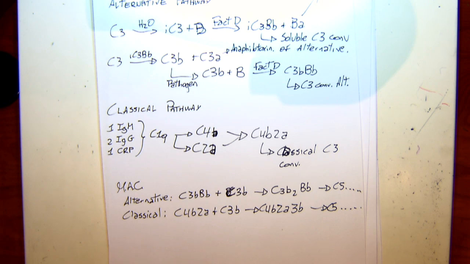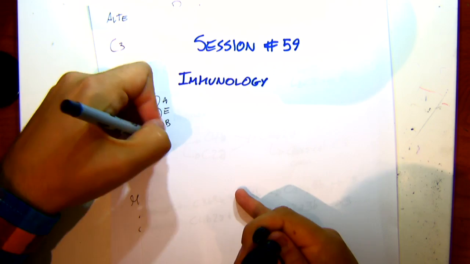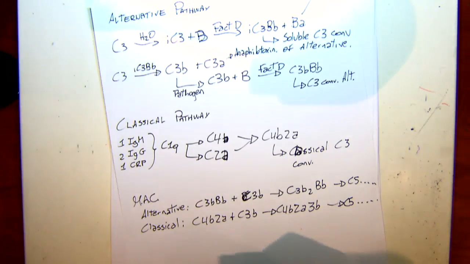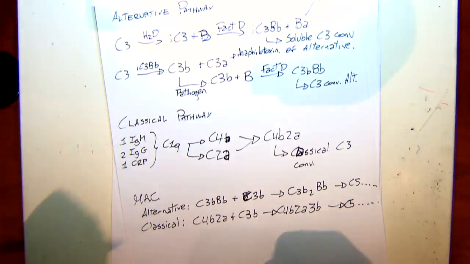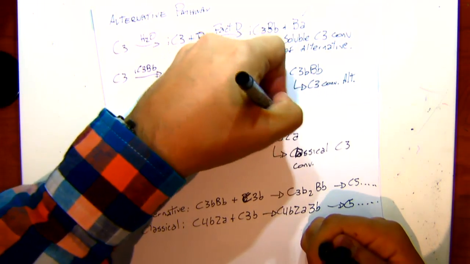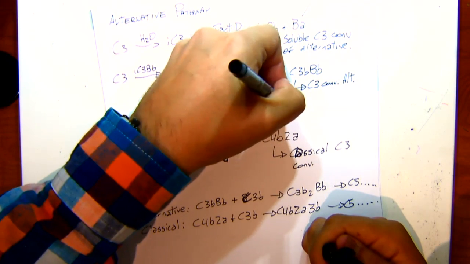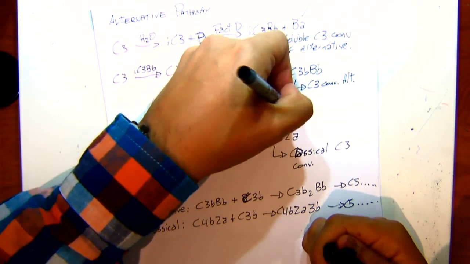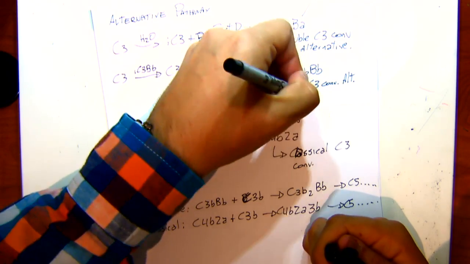So we said question 4 was C1s, which is option C. And so with C1, the protein C1 is divided into 3 subunits. So C1 has C1q, C1r, and C1s.